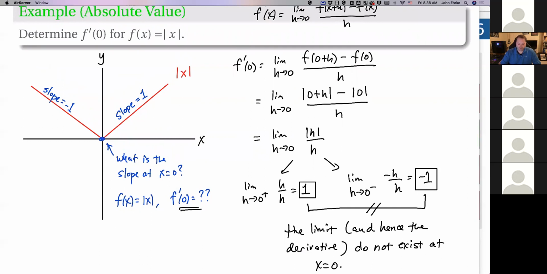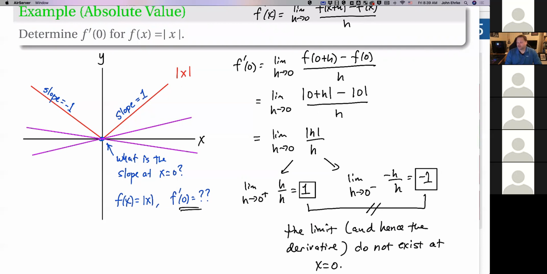And there's a really good reason why, right? The really good reason why is derivatives are slopes of tangent lines. So it's not that there's not a tangent line here, it's that there's too many. So there's a tangent line, but there's also another tangent line. Both those lines would be tangent at the corner there. So it's not that we don't have a tangent slope, we just have an infinite number of them actually.